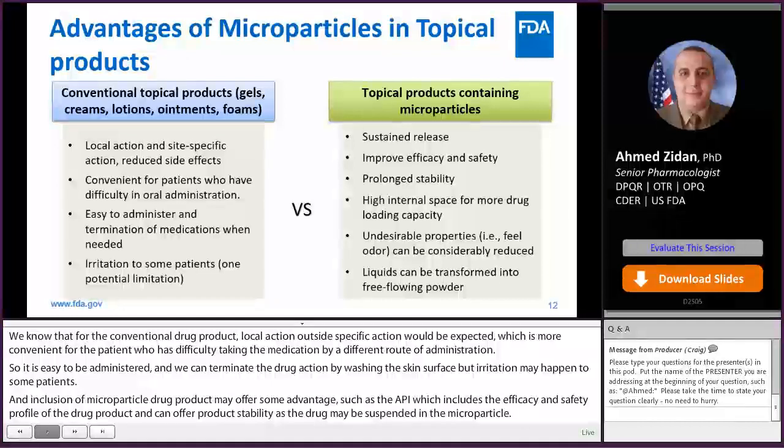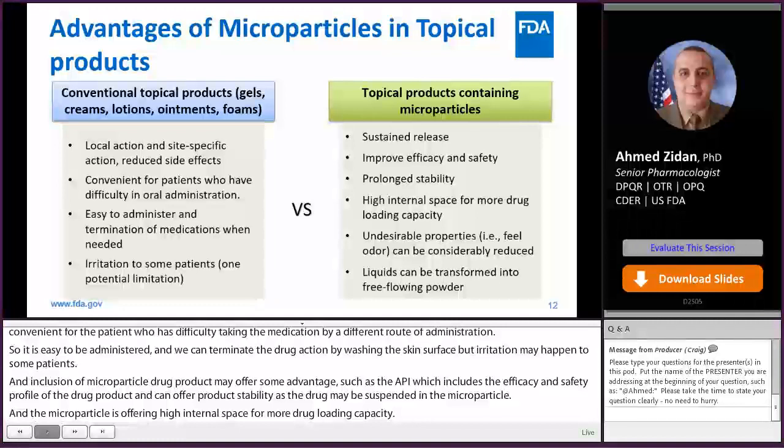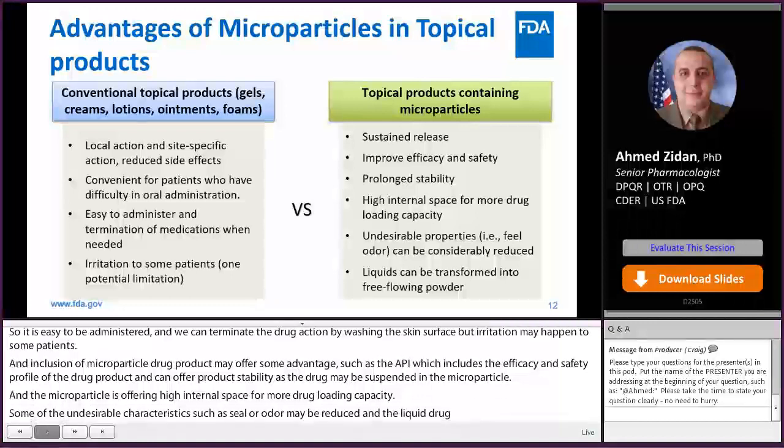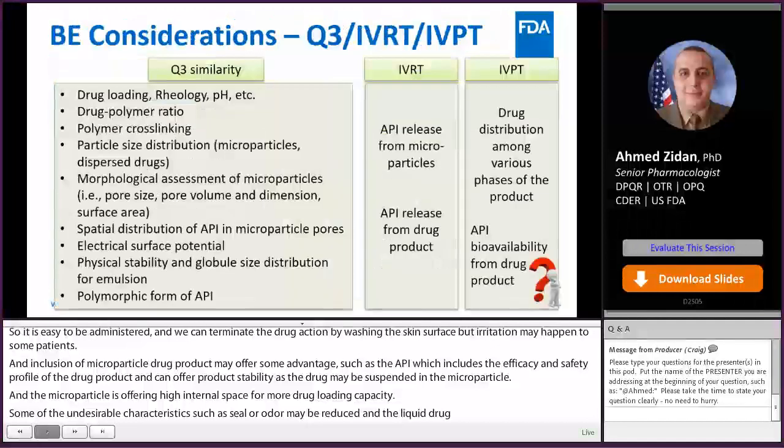Some undesirable properties, such as feel or odor of the drug substance, may be considerably reduced. And the liquid drug product can also be transformed into a free-flowing powder by inclusion into microparticles. So microparticles offer a lot of advantages, and various drug products have been formulated to contain microparticles.